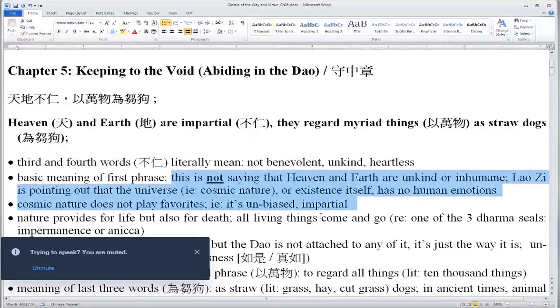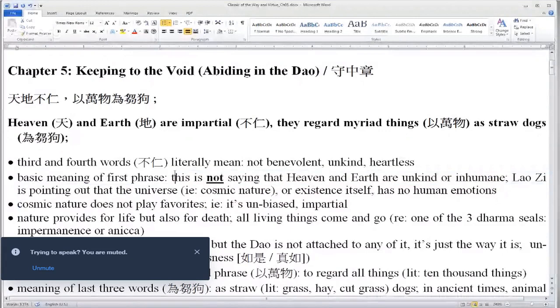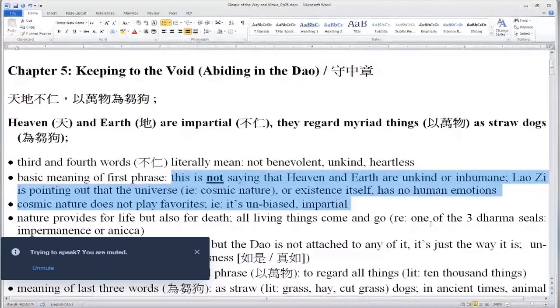It's not saying that heaven and earth is unkind or inhumane. What Lao Tzu is pointing out is that cosmic nature, the universe, or even existence itself, phenomena, that's a better term, has no human emotions.